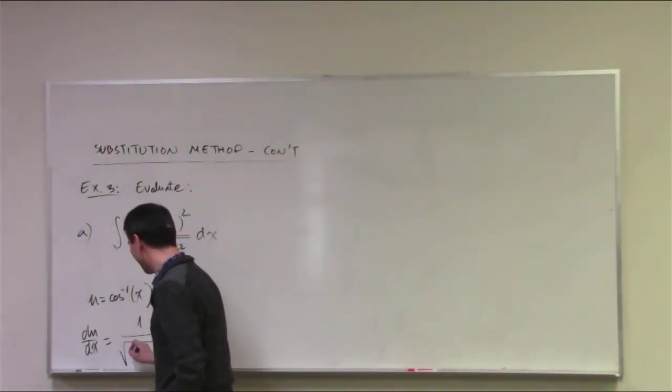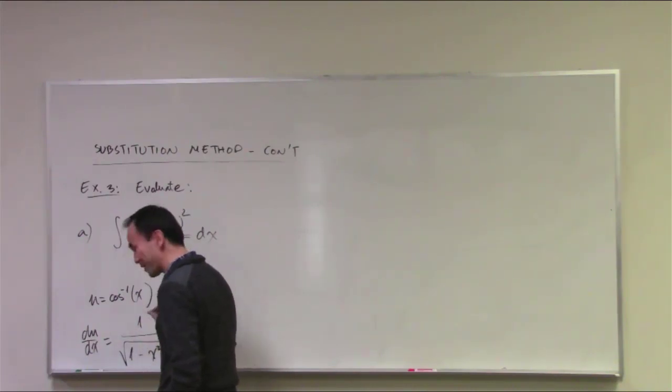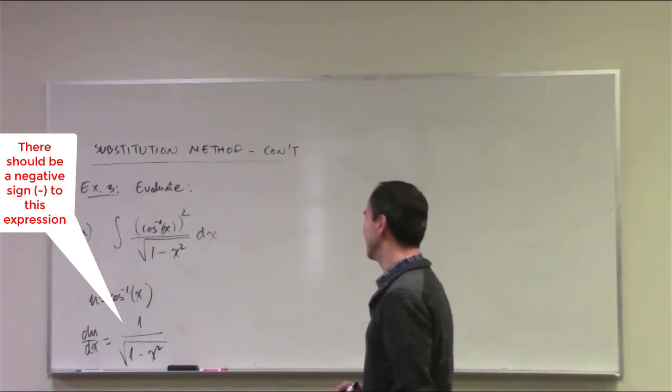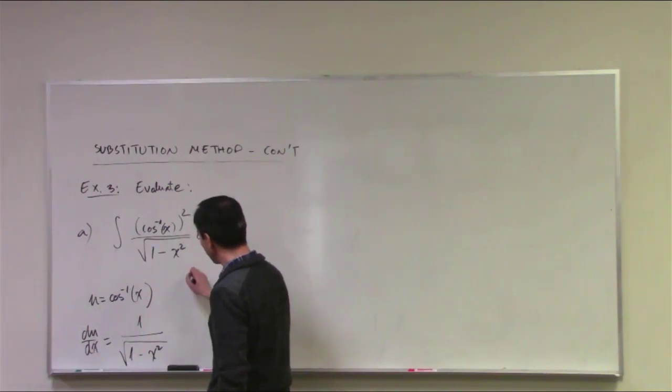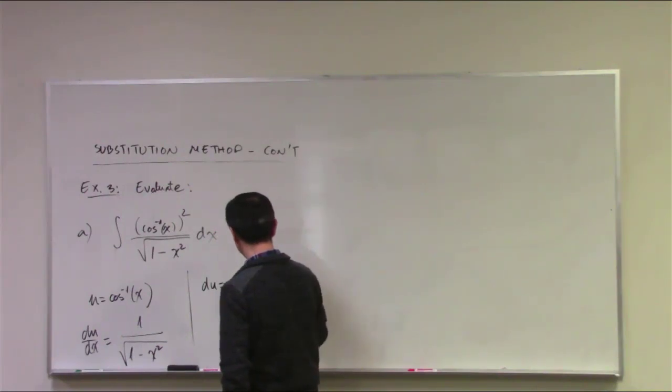So it's 1 over square root of 1 minus x squared. Yes, that's the one. And so we're going to rearrange this into du equals 1 over square root of 1 minus x squared times dx.